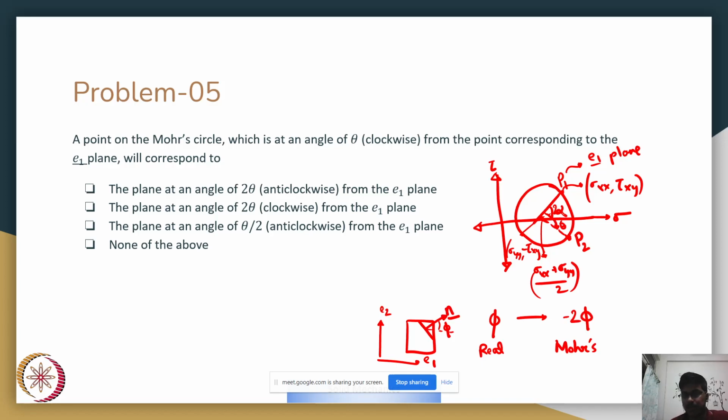So here we are given that our point on the Mohr circle moves by theta, which means in reality it should move by theta by 2. So the plane will move at an angle of theta by 2 anti-clockwise from the E2 plane. Is this clear?